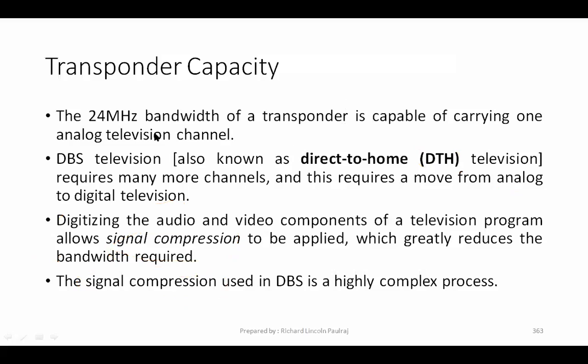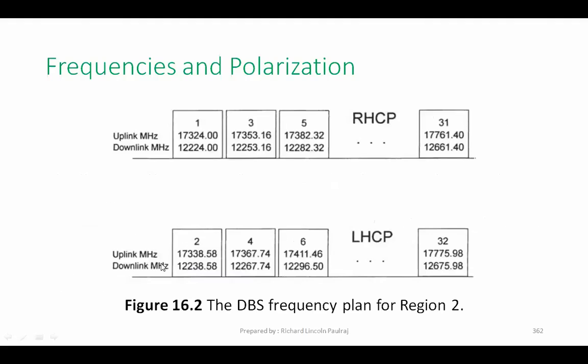Ultimately, we have learned about how much frequency we are going to use, what its application is, what the importance of signal compression is, how it's going to impact the bandwidth utilization, and what is going to be done in cases of circular polarization, your left and right hand circular polarization.